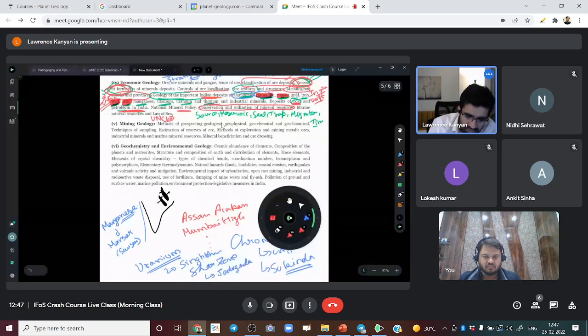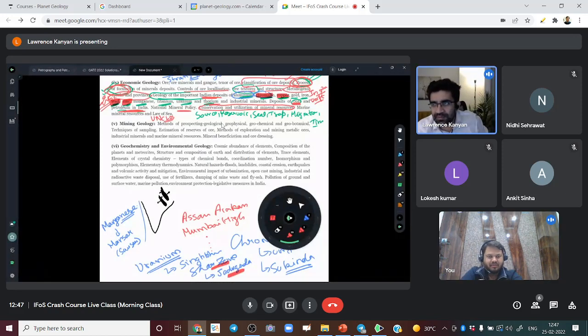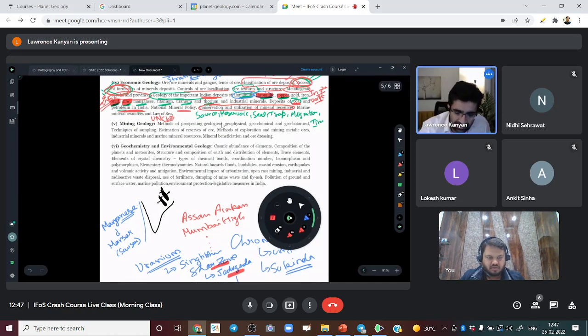If someone, let's say from BARC etc., is making the paper, they will tend to ask about uranium. It's their favorite. So just remember this: they're found in Singhbum shear zone, and the name of the mines is Jadugoda mines. This can give you 2 marks extra, right? Just these two keywords.